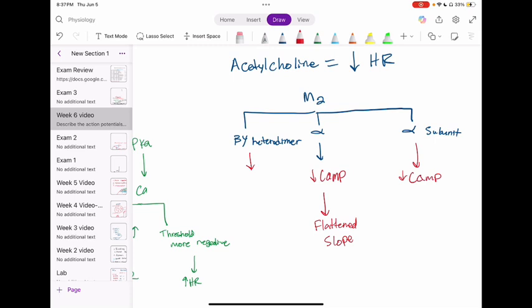This will open GIRK channels, which are G protein-activated inward rectifying potassium channels.